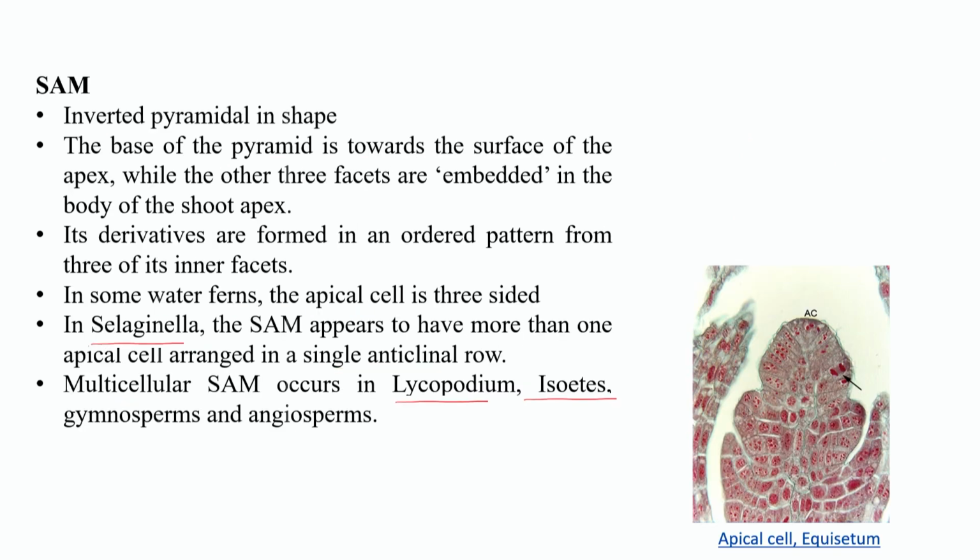Now, when we talk about shoot apical meristem, we try to analyze the apical cell of the shoot. We can say that it is inverted pyramidal in shape, like the structure we have drawn. It has four faces. Three faces are embedded inside the plant body, and one face is on the top side.